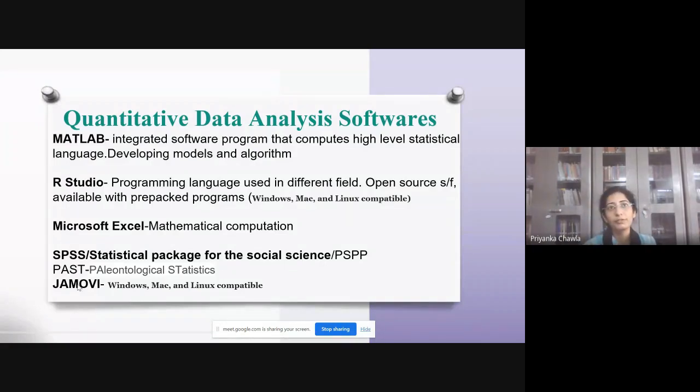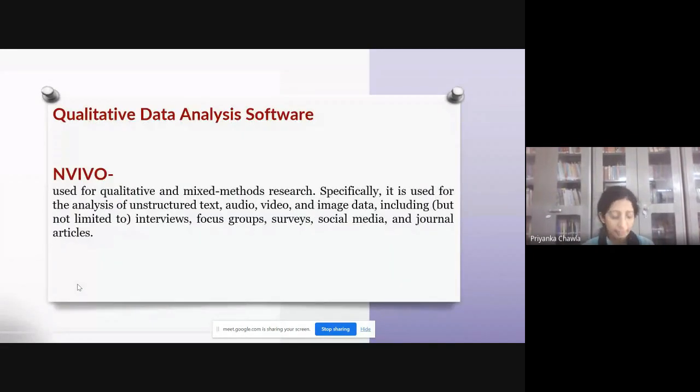Apart from MOS, we have some finance-related tools, which is called EViews. Then we have another tool for qualitative data. For qualitative data analysis, we have the NVivo tool. So NVivo is used for qualitative data analysis.